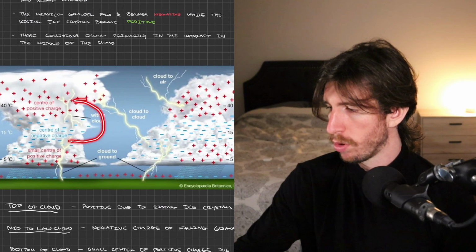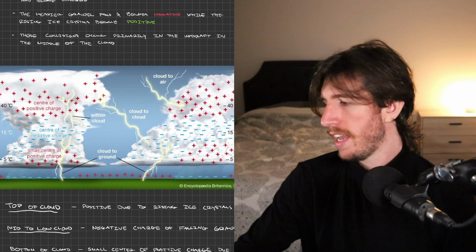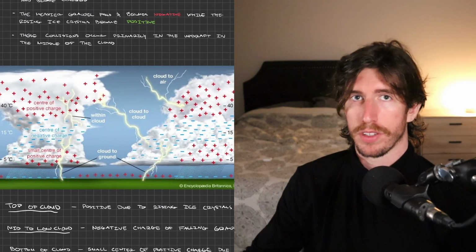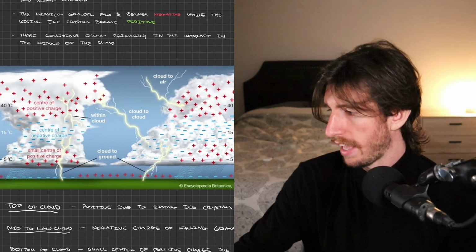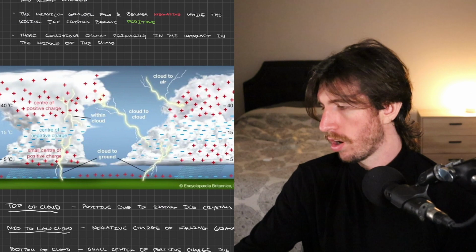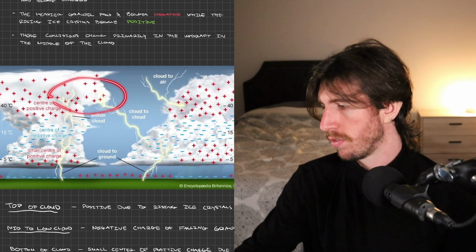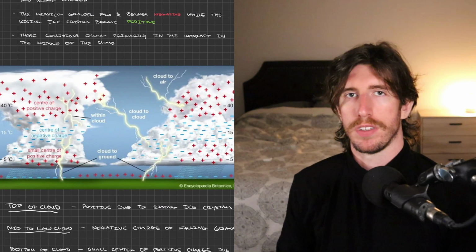That's the intra-cloud lightning. And since there are other adjacent clouds that also have that difference in charge, that's how you get intercloud or cloud-to-cloud lightning, as shown here, where it's arcing from a positive section of one cloud to the negative section of another. It's always due to that difference between positive and negative.